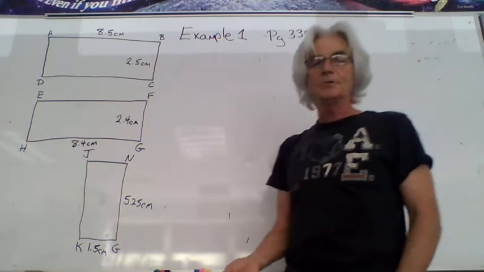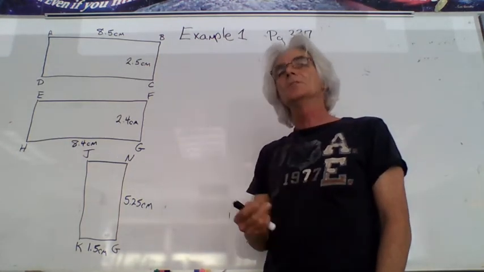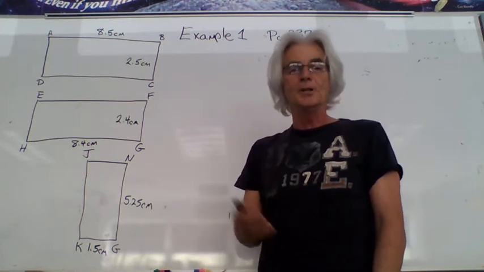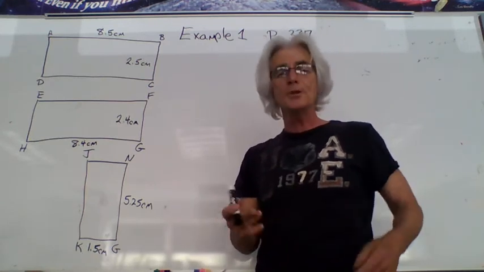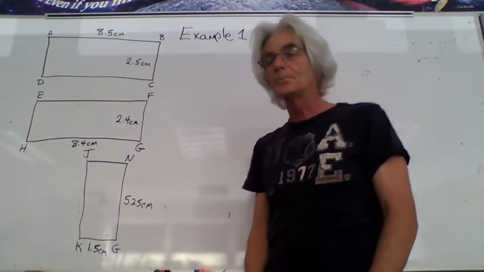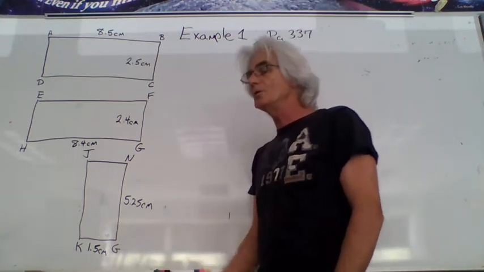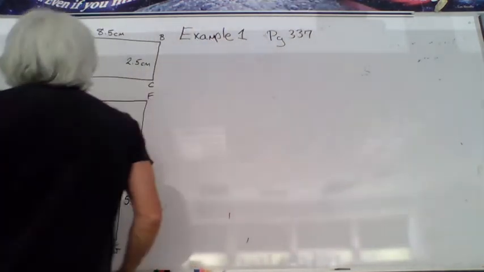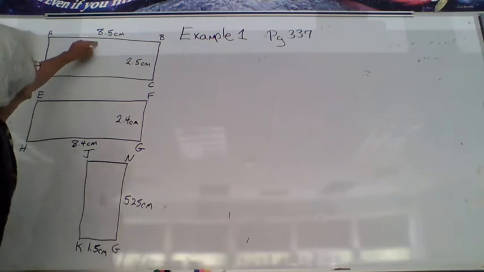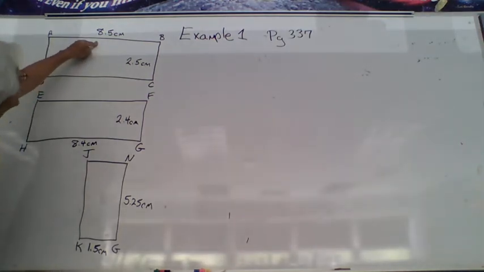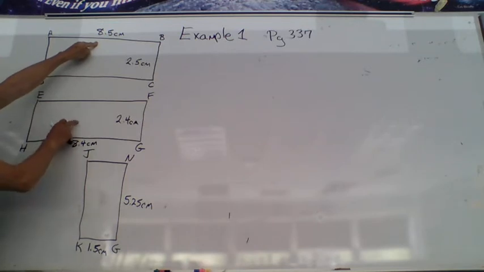Well, remember, to be similar, we said that it's either like an enlargement or a reduction, but everything has to be proportional. So I'm going to take this side here, and its corresponding side in the second rectangle would be this 8.4.